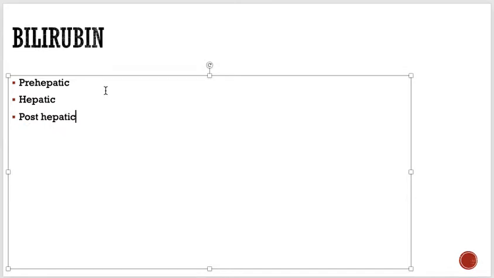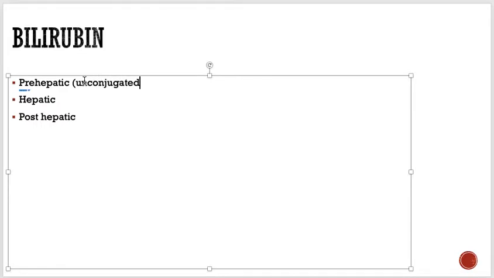So, what are prehepatic causes? For example, if your RBCs are broken down more, there will be more and more bilirubin entering the system, and when your liver cannot handle that bilirubin, it will start appearing in the blood and will lead to hyperbilirubinemia. But what form in this case? Unconjugated.